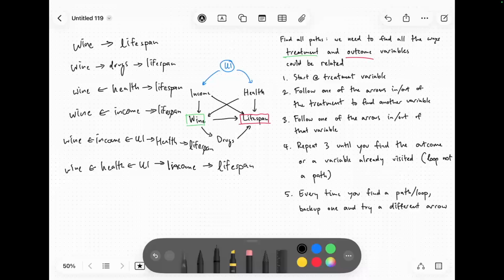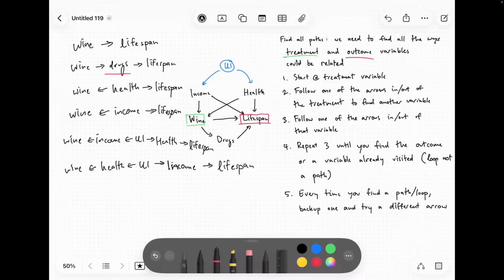But what if it was actually the drugs that was affecting your lifespan, and the amount of wine that you drank was influencing the amount of drugs that you were taking, and therefore that effect wasn't real, it was really about the drugs.